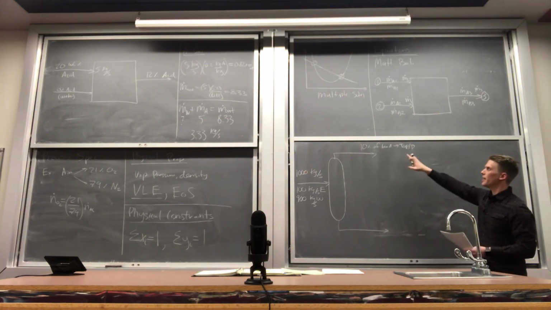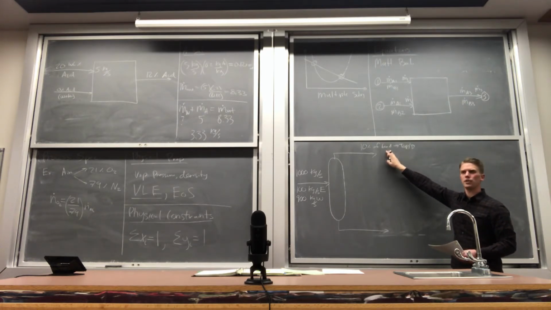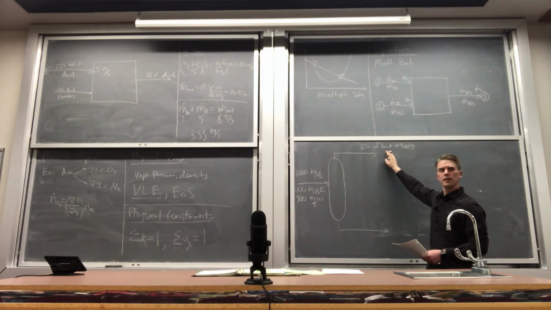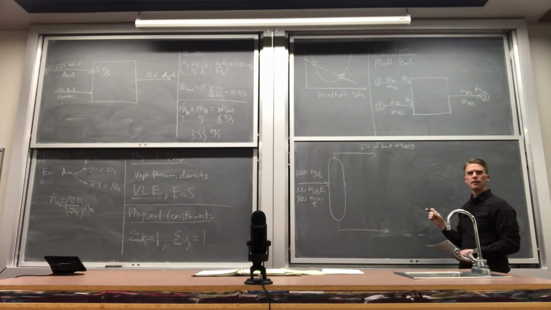What kind of a piece of information is this? Process specification. It's a process specification. So how do we take this process specification and convert it into an equation with variables that we can count in our degrees of freedom? So can someone tell me an equation that I could write? 100 kilograms per second is what would be coming out, or the flow would be right there, right?